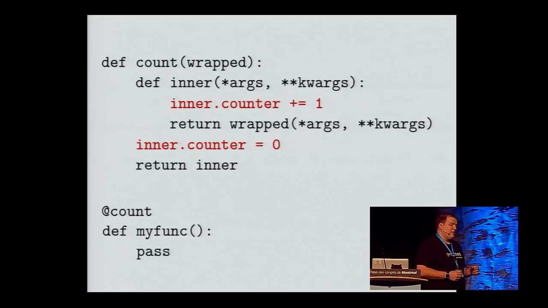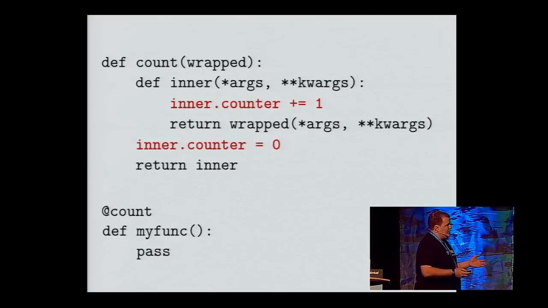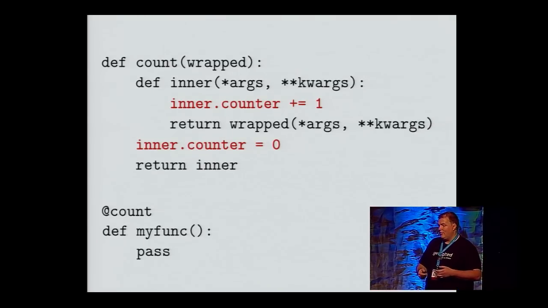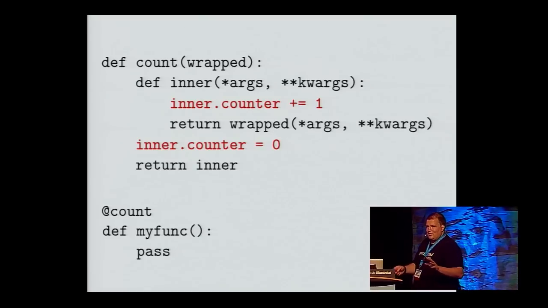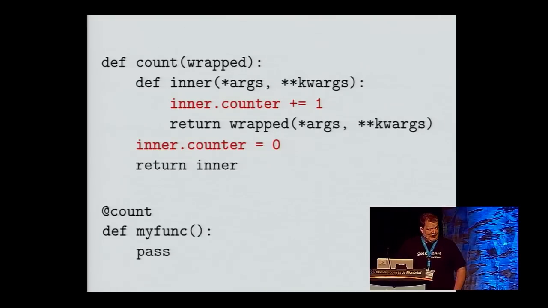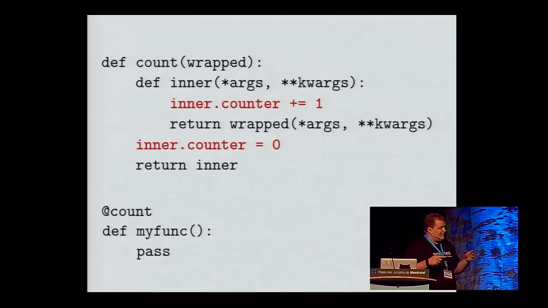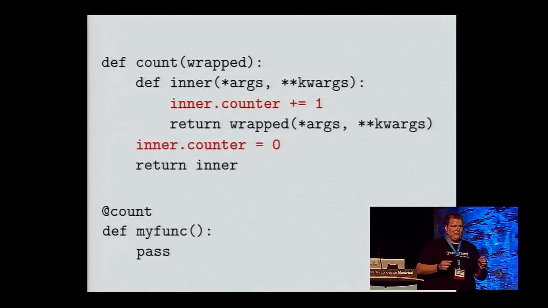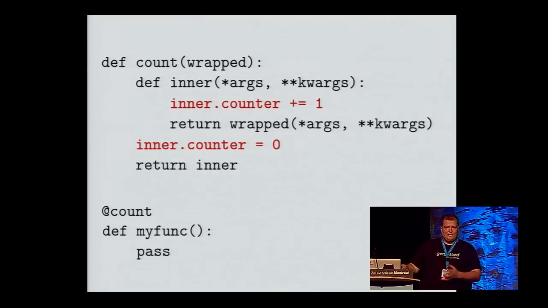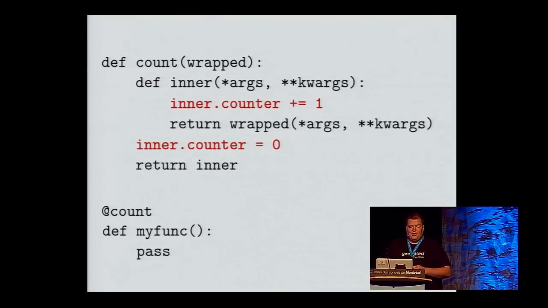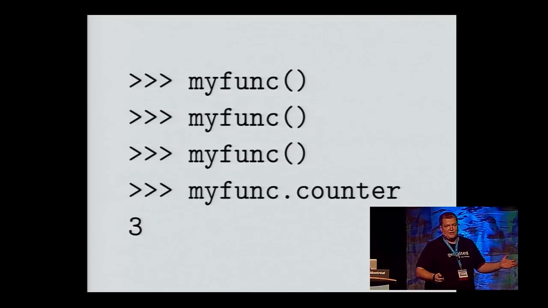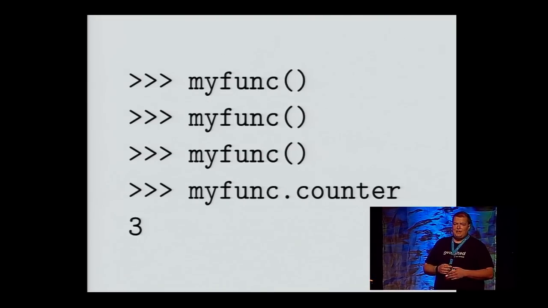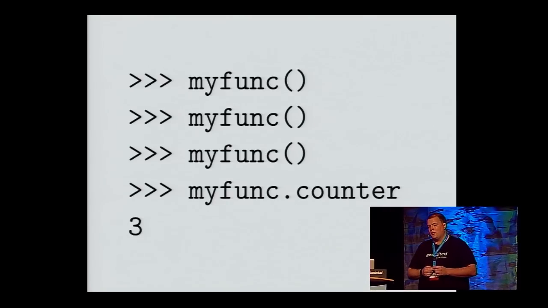And so in this case, we're defining a counter variable, we're starting it at 0, and then every time we call the function, it actually looks at the function object itself and increments that counter. And it's a little bit mind-boggling if you've never seen syntax like this, because it can be weird to think of functions as objects that can do this kind of stuff. But if we then call myfunc 3 times and do myfunc.counter, it says 3. So you can see exactly how many times a function has been called in your program.